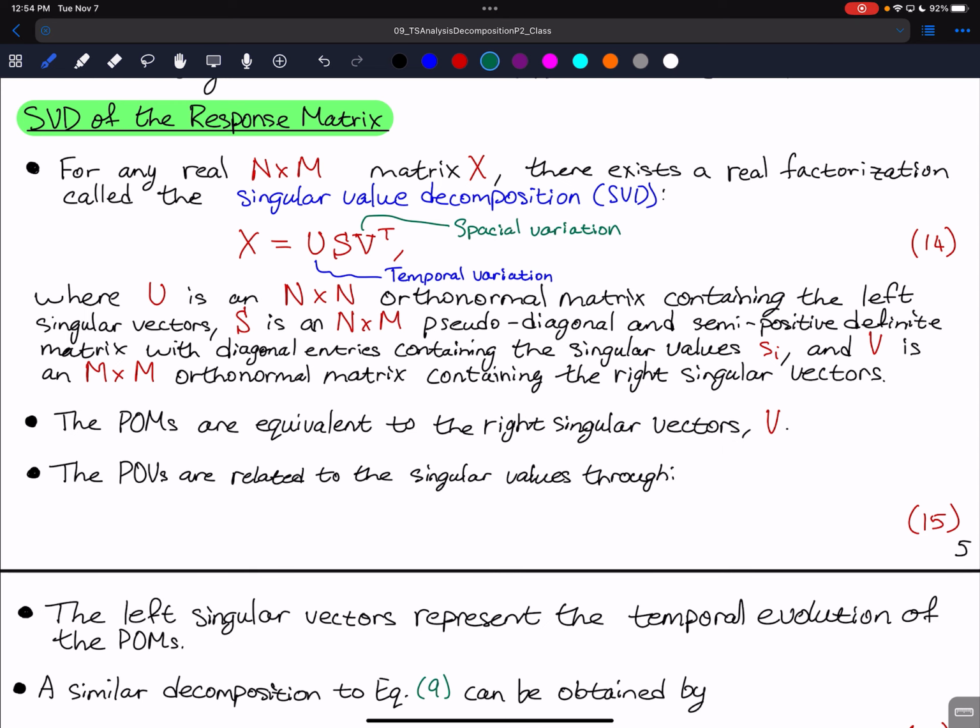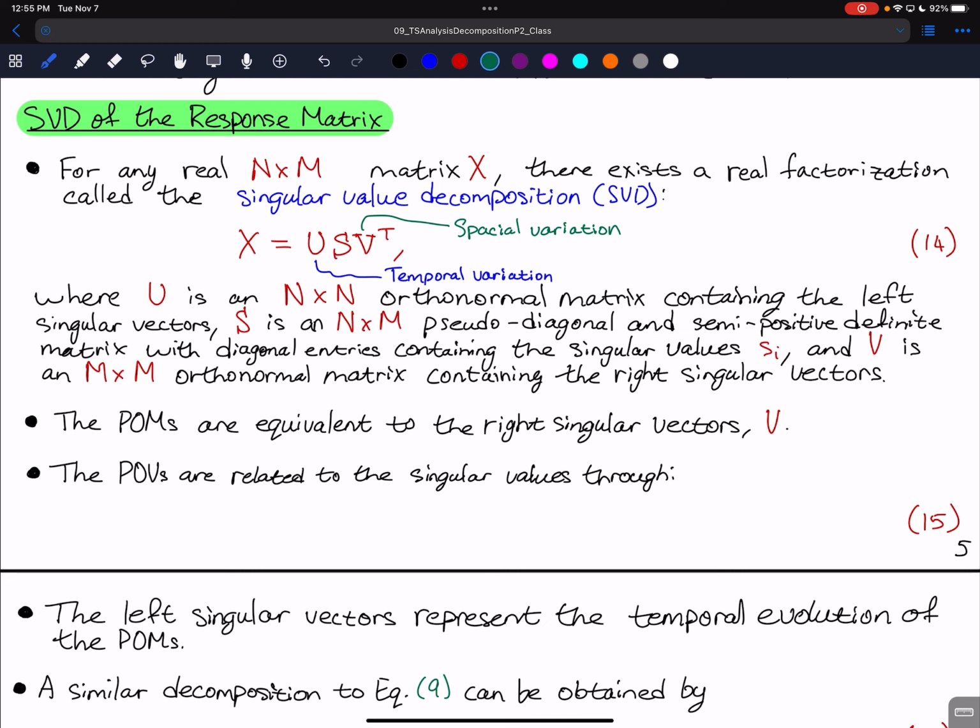That means that all non-zero entries follow a diagonal, but it's not a square matrix. So once you hit the far end of the matrix in terms of the diagonal, everything below that will be zeros. It's also semi-positive definite, and it contains the singular values S sub i. And then big V is an m by m orthonormal matrix, and it contains the right singular vectors.